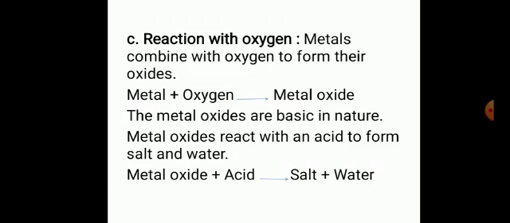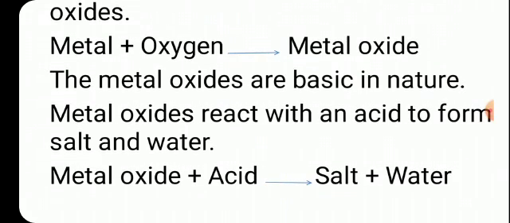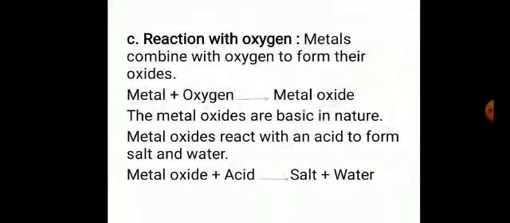Reaction with oxygen. Metals combine with oxygen to form their oxides. Metal plus oxygen, metal oxide is formed. The metal oxides are basic in nature. Metal oxides react with an acid to form salt and water. Metal oxide plus acid gives you salt and water. Magnesium ribbon, if it is burnt in air, oxygen from air reacts with magnesium and magnesium oxide is formed.